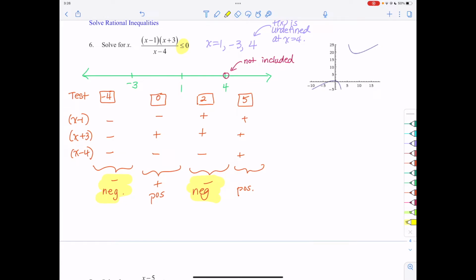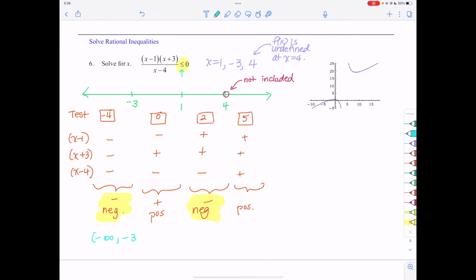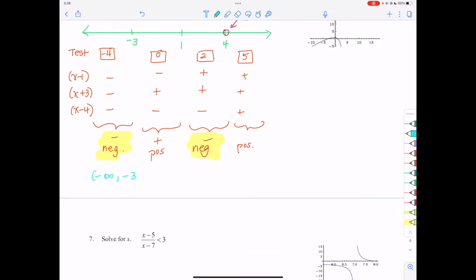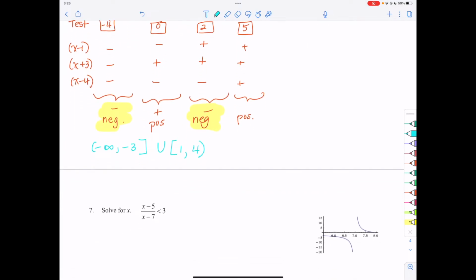So what we can see is negative infinity going all the way to -3, and we do want to include -3, unioned with, now we're going to start with 1, and go all the way to 4, but we cannot include 4 because the function was not defined at x equal to 4.